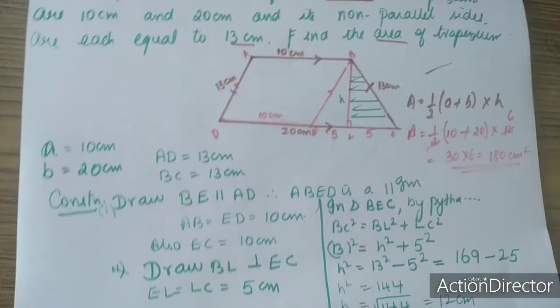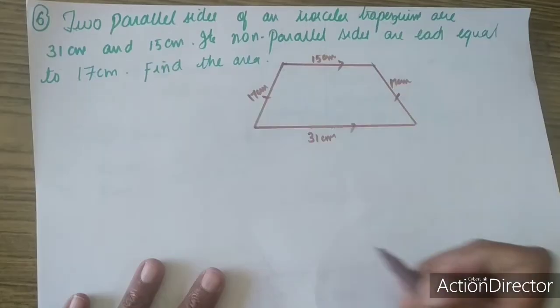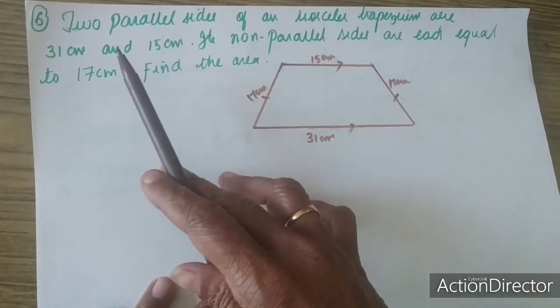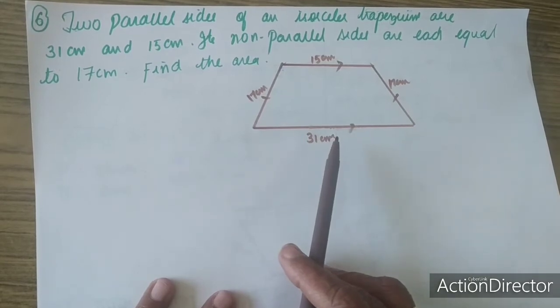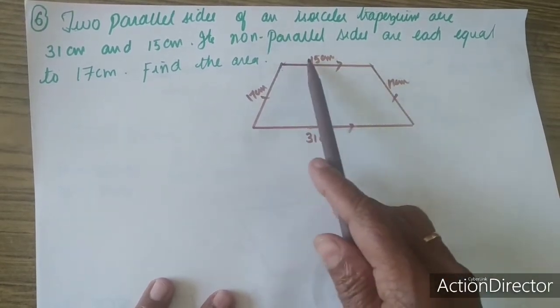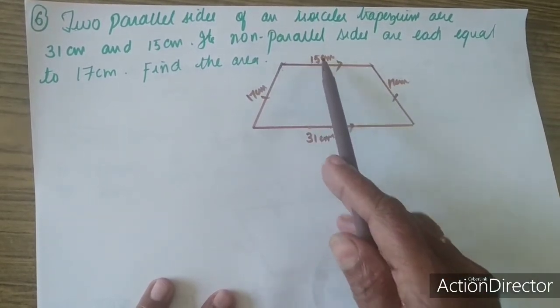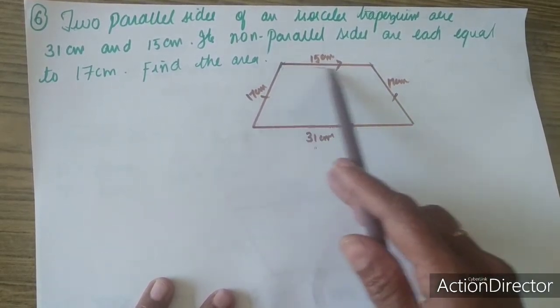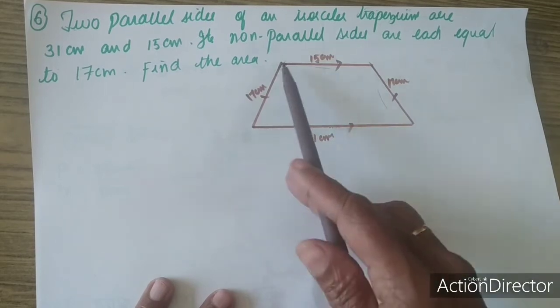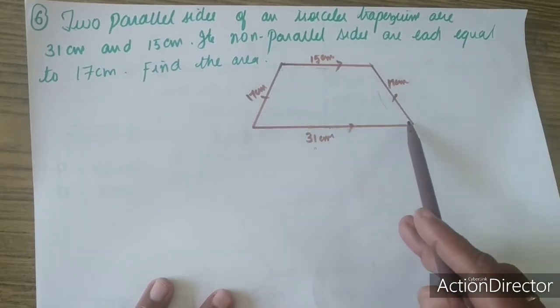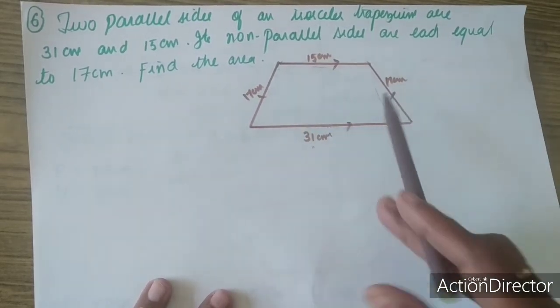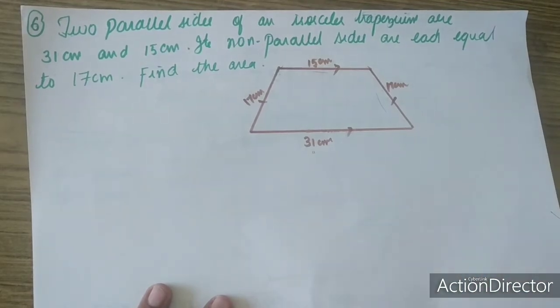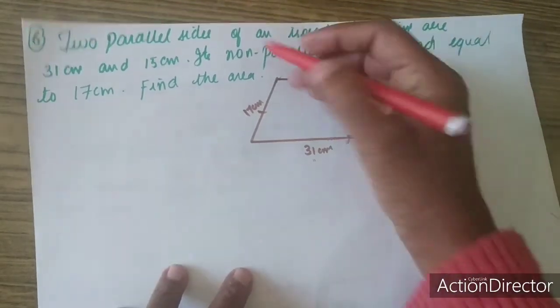Hope you understood this sum. Let us see one more type of the same sum where the height of a trapezium is not given. One parallel side is given as 15 and the other side is given as 31 centimeter, and it is again an isosceles trapezium where the length of the non-parallel side is given as 17 centimeter. So as we just did, the first thing is to draw a construction.